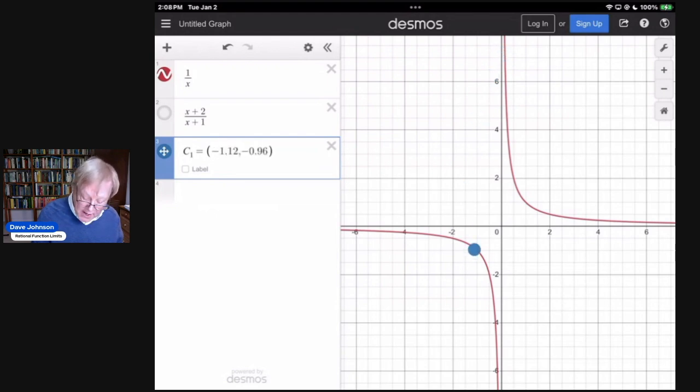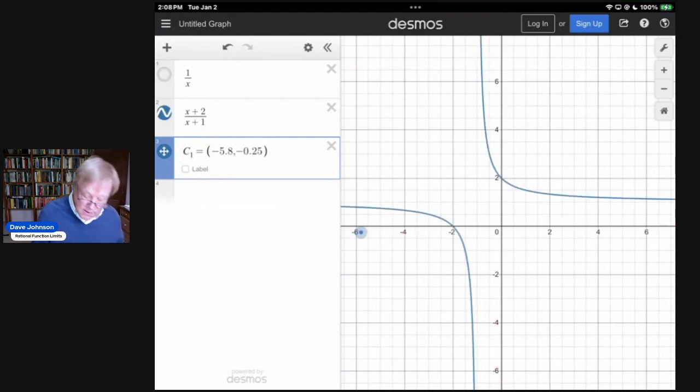Likewise, on the other side, as x gets smaller and smaller but negative, the 1 over x goes to negative infinity. And as x gets more and more negative, so larger in absolute value, the y value gets closer and closer to 0. Let's look at the other example that I did.